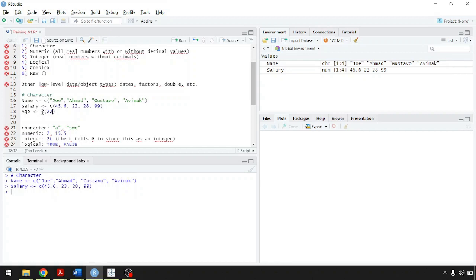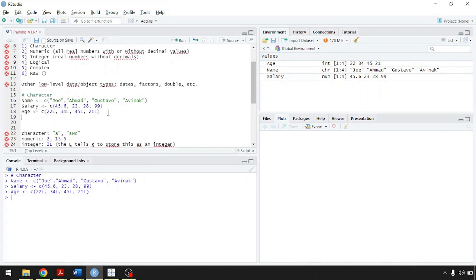But for right now, I'll just add L because L is the indicator that tells R to store an object as integer. So let's say Joe is 22, Ahmad is 34, Gustavo is 45, and Avinak is 21. I'll put L in front of all of them so that R knows that these are actually integers. So there you go, that's also been saved.